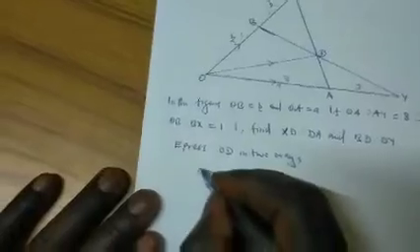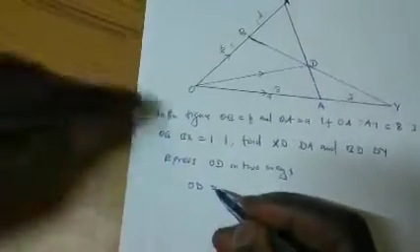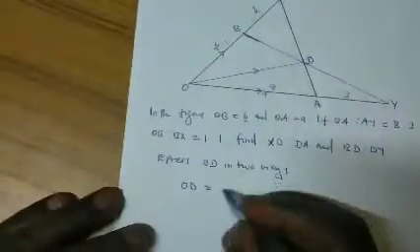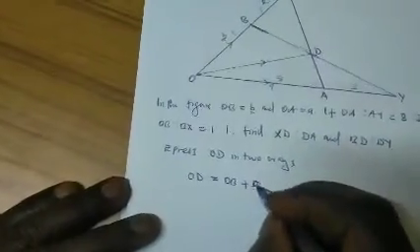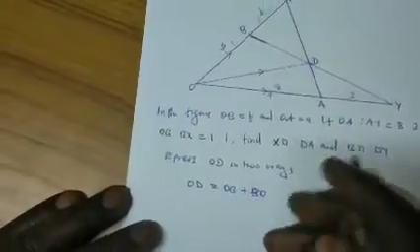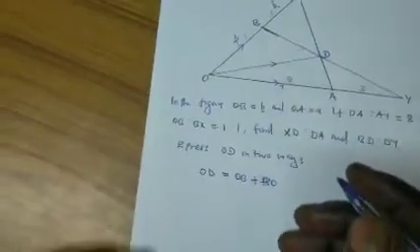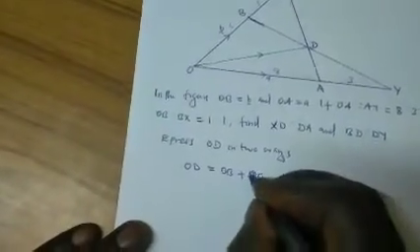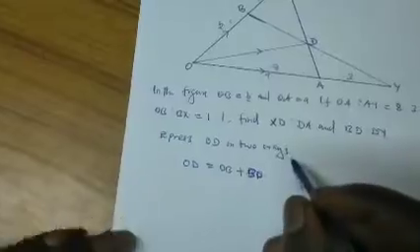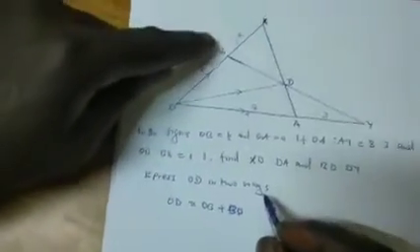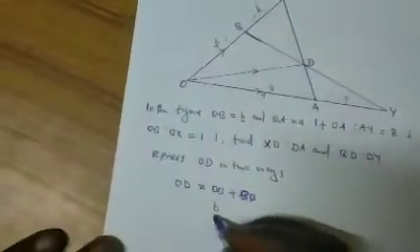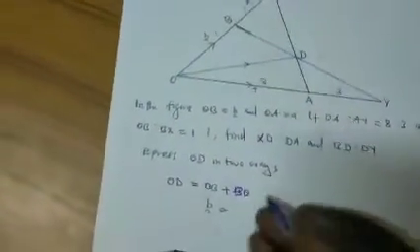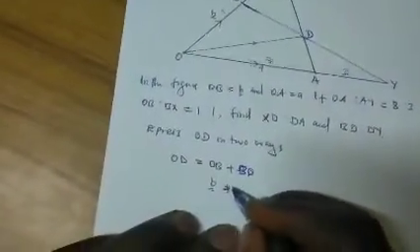That is, OD, we can follow this vectorial path, OB plus BD. So OB is b, and BD we can now say plus BD.